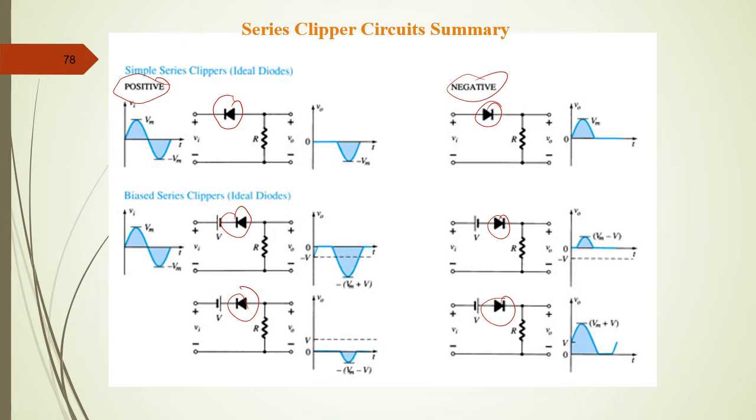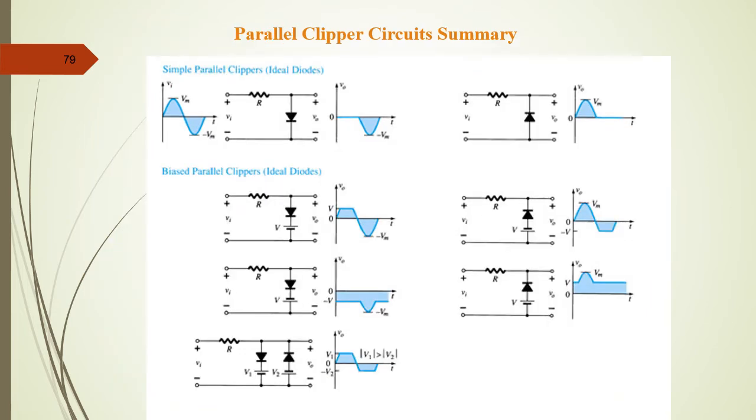In the left direction, the positive cycle will be clipped away, and in the other, the negative cycle will be clipped away. So this is the parallel clipper circuit summary.